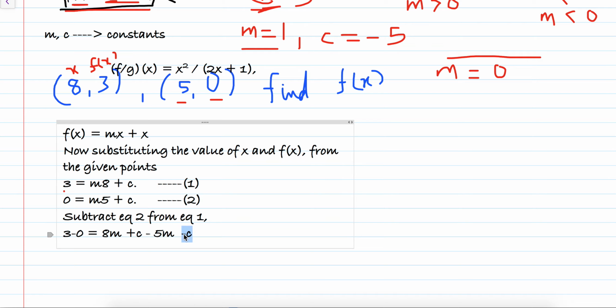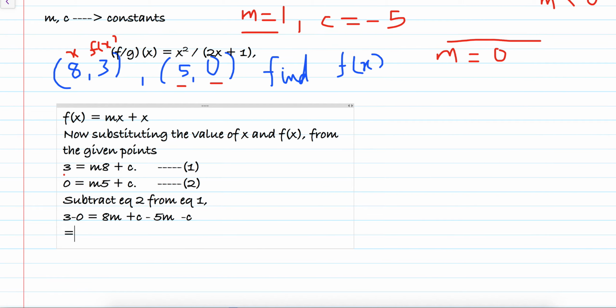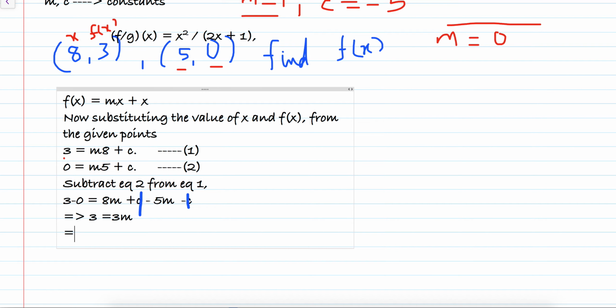So here this c and this c get cancelled and we get 3 minus 0 is 3 is equal to 8m minus 5m is 3m. So we get 3m is equal to 3, so m is equal to 1.